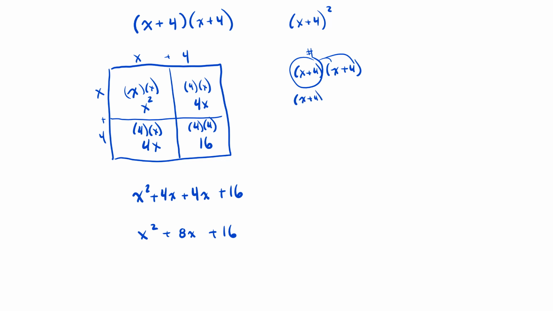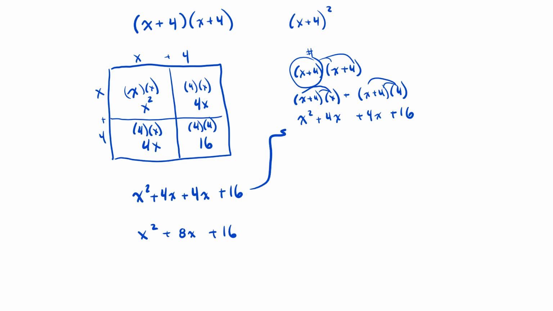So we have that number times x, and we have that number times 4. Now from here, we're going to use the distributive property two more times. So we're going to distribute x across the sum x plus 4, and we're going to distribute 4 across the sum x plus 4. So we get x squared plus 4x plus 4x plus 16.